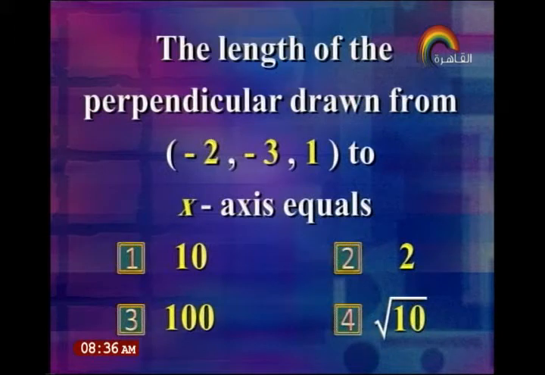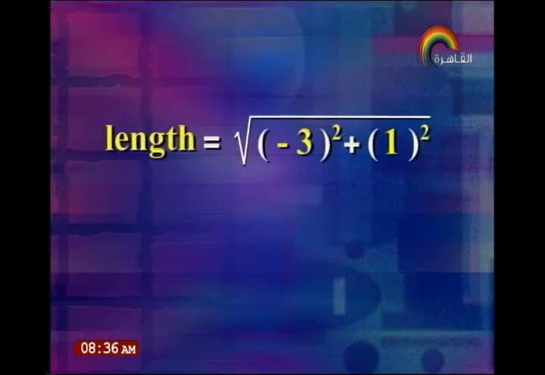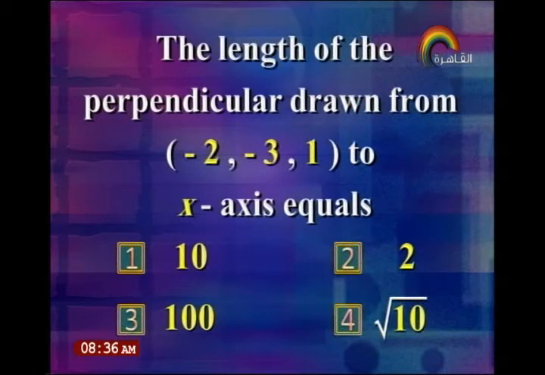Dear student, what do you mean by the length of the perpendicular from a point to the x-axis? The length is the square root of negative 3 squared plus 1 squared, the coefficient of y and the coefficient of z, which equals root 10. Then the multiple choice is root 10.